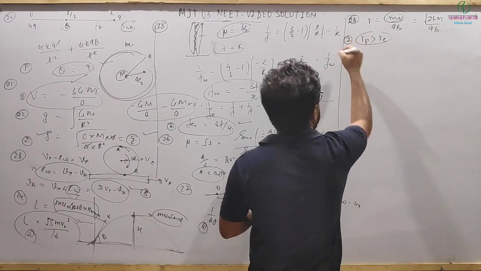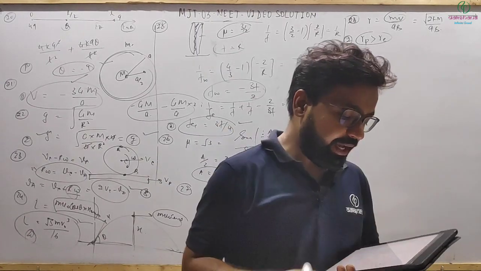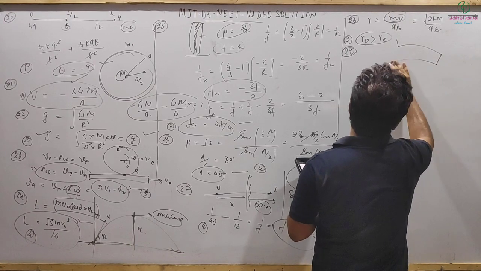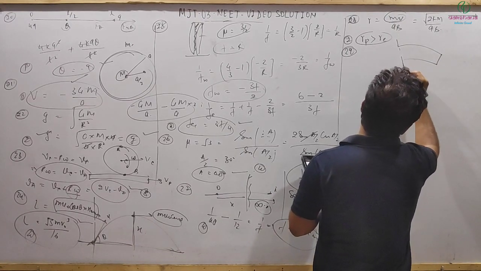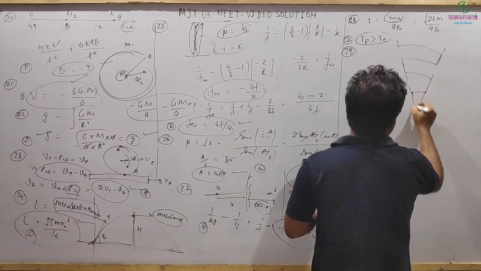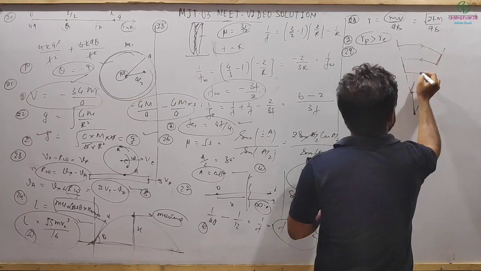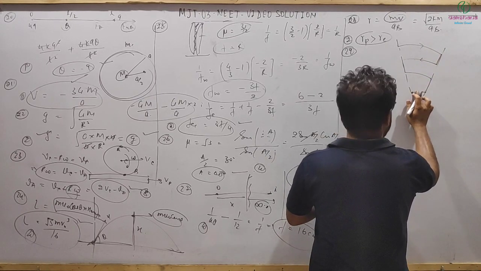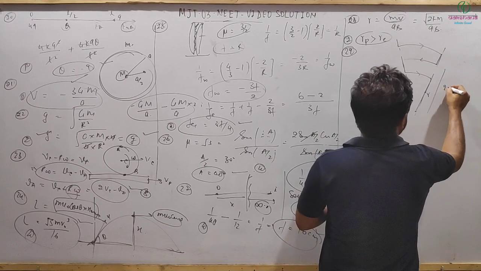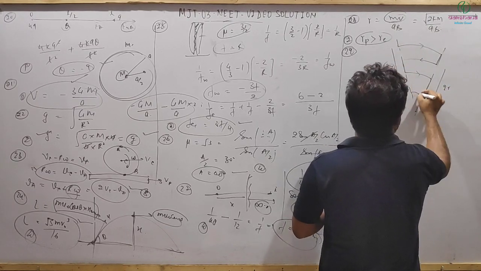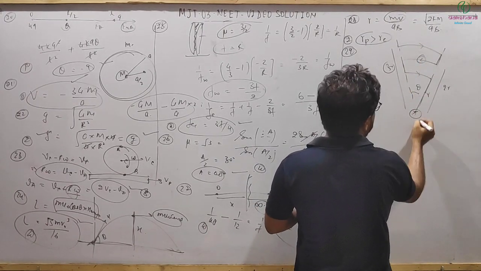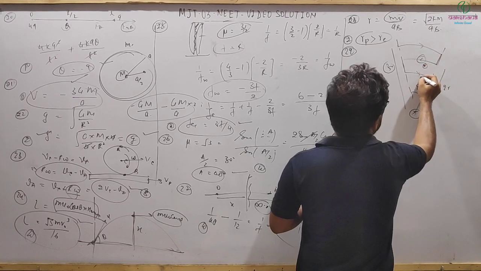Question number 29. Here find magnetic field at O. Here this is the system. How many arcs are there? 3 only. This is R, 2R, and this is 3R, angle theta. So due to this, let's say magnetic field is inward, due to this it will be outward, and due to this also inward.